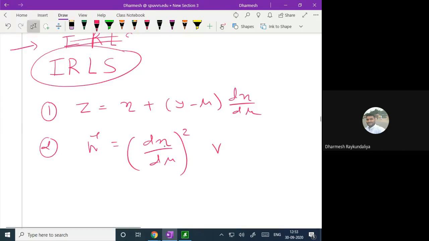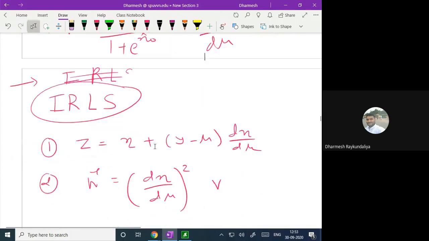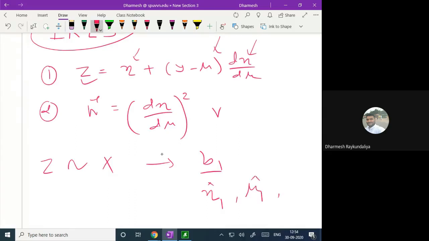Okay, so if you have the initial value of this μ, you can calculate the initial value of dη/dμ, and substitute here, you will get the initial value of z, and you can get the weight. Then just regress the z on the x, you obtain the new estimate of beta, called beta 1, obtain the corresponding eta 1, obtain corresponding mu 1, obtain corresponding dη/dμ at 1, and then you calculate the z1 and again regress on that.